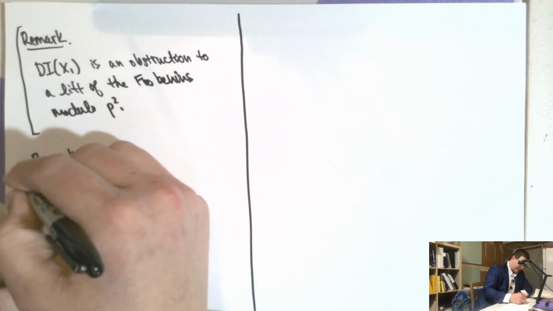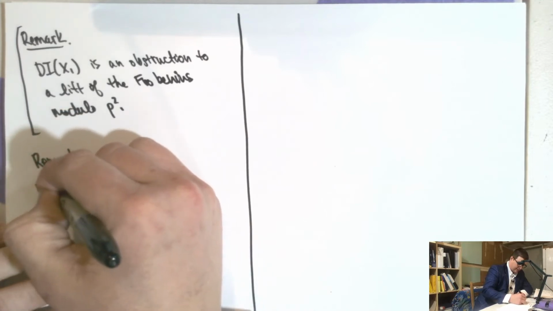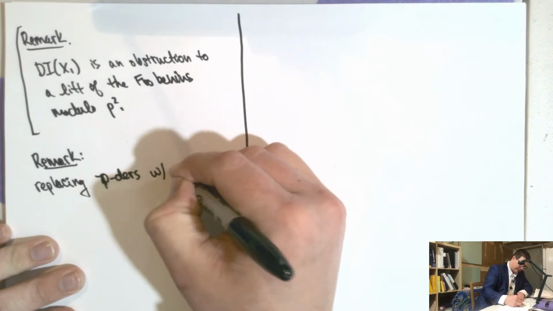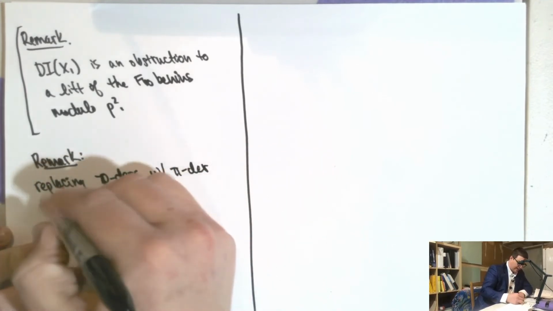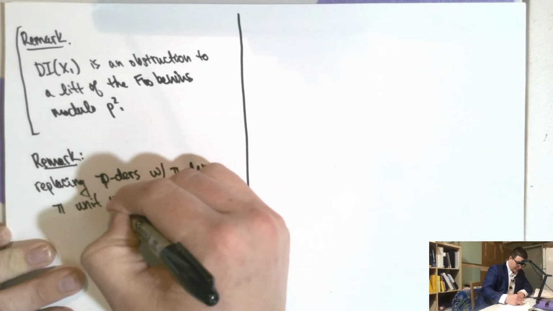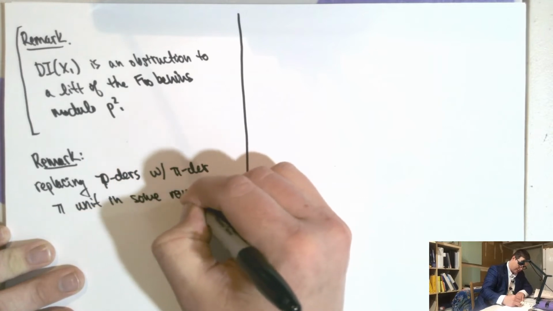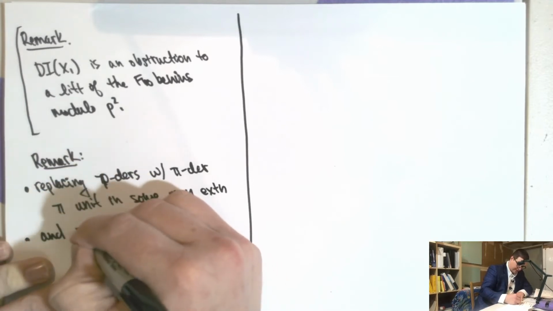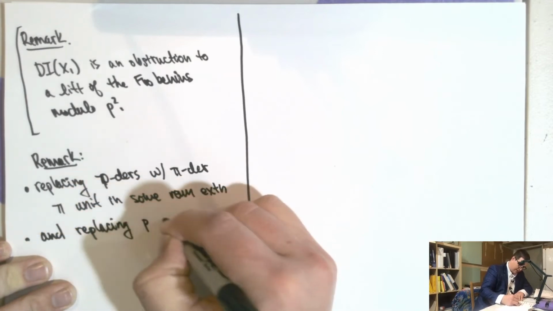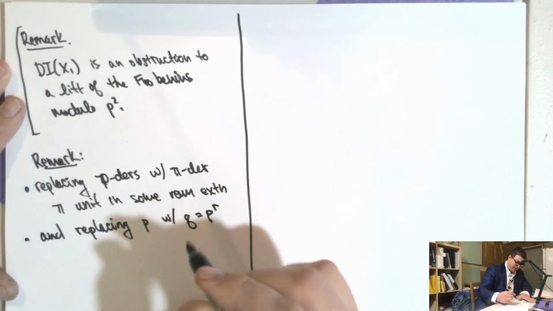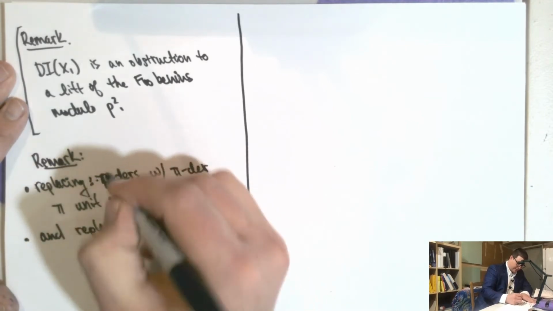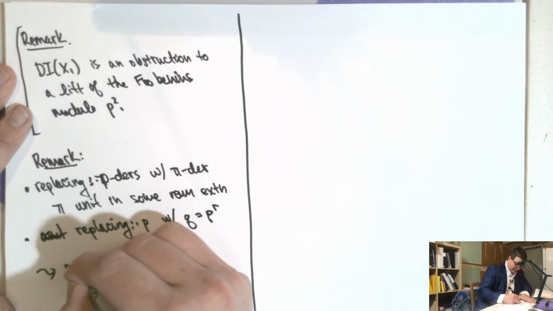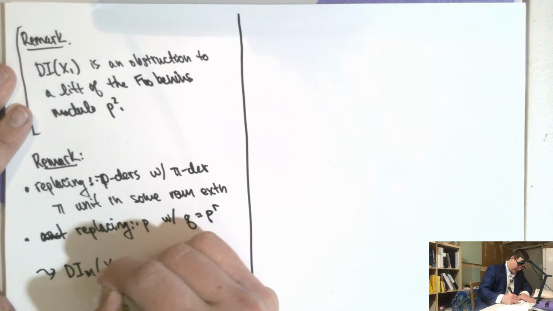If you replace p-derivations with pi-derivations, for pi a uniformizer in some ramified extension, and replace p with q, which is some power of p, this gives us some class, which we could call m of X_1.